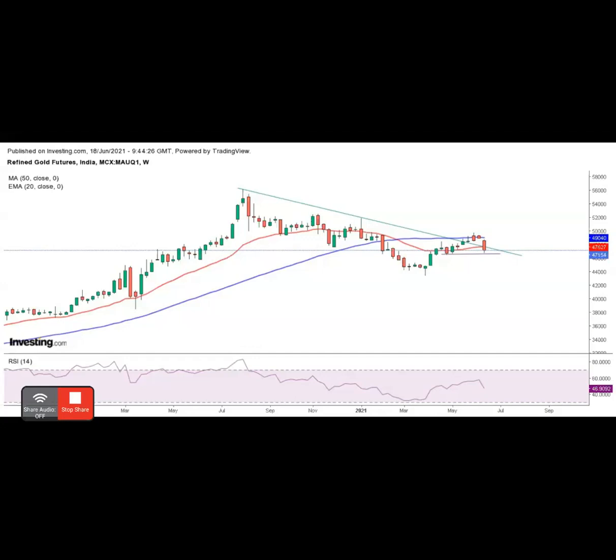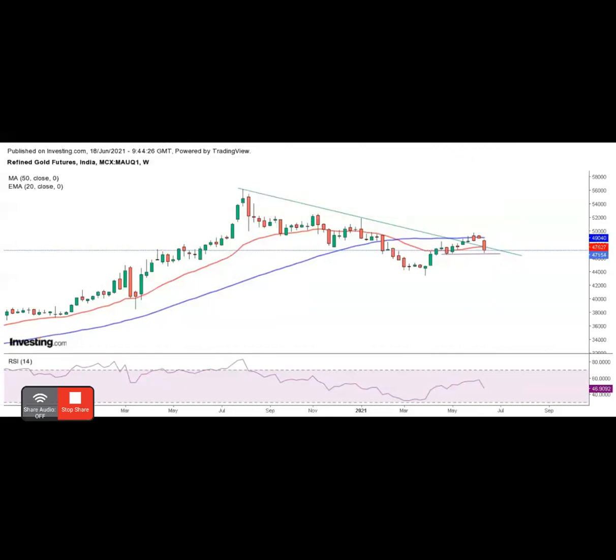48,000 will be a very crucial resistance. And if it crosses decisively, then yes, again, gold will start going up. If you see the moving average also, it is still trying to cut the 50 SMA from below.